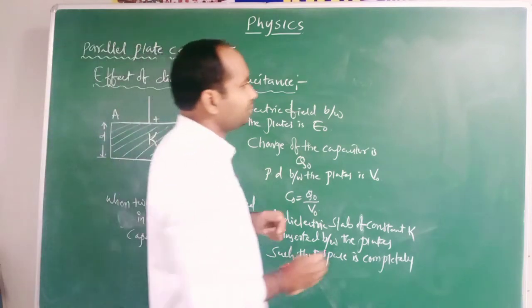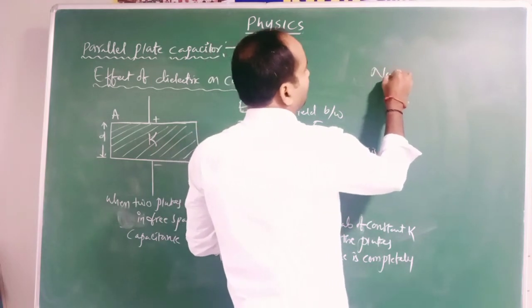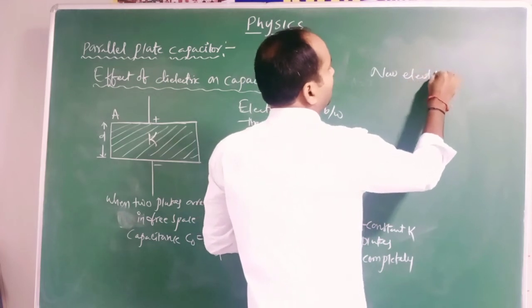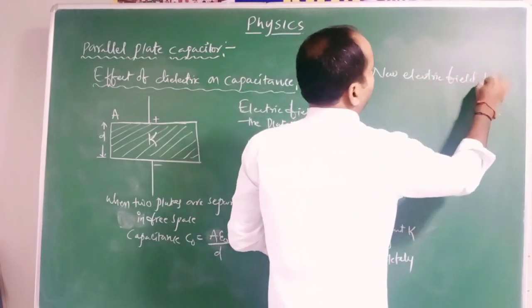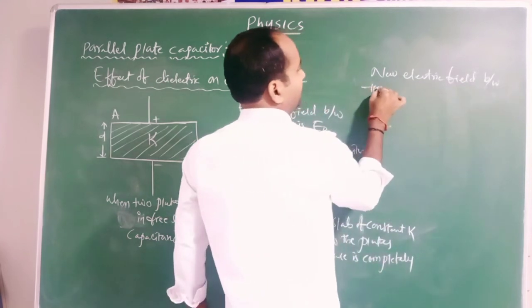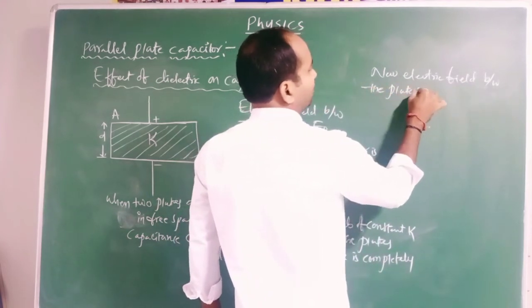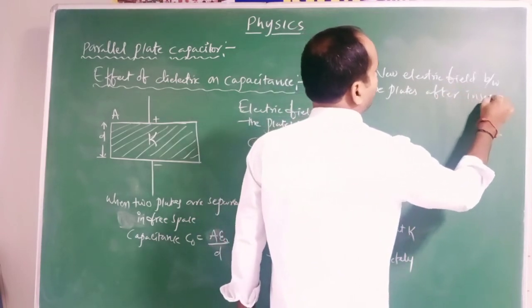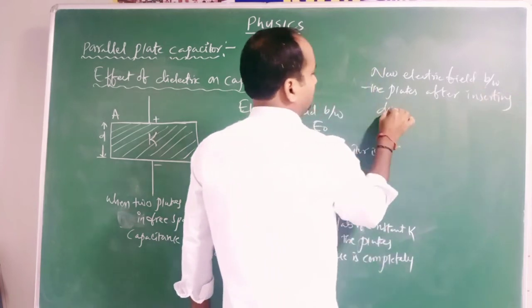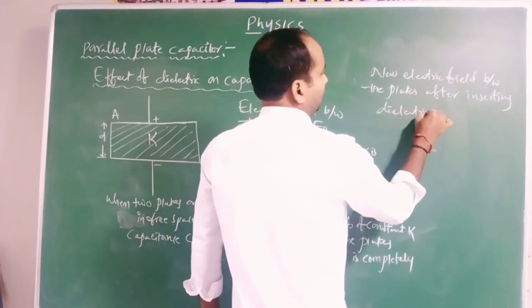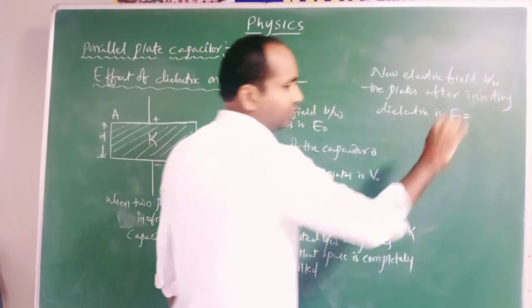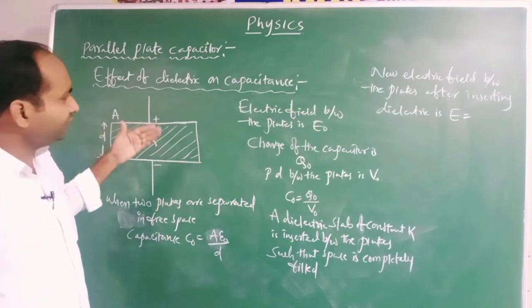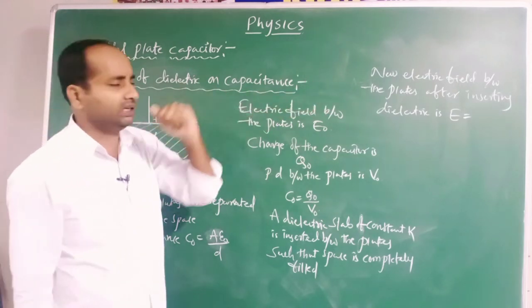We know that the new, or modified, electric field between the plates after inserting the dielectric slab is denoted by E. What is E?